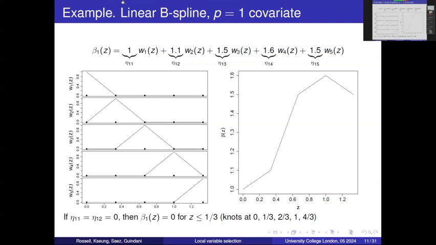Now, the beauty of using linear B-splines is that it makes the local variable selection exercise a bit simpler. See, if I want to test whether beta is zero in this particular interval, from 0 to 1/3, well, there are only 2 of these W's that are non-zero in this interval. The other three are exactly zero. So if eta 1 and eta 2 are equal to 0, then the sum of these two terms is 0, and therefore beta is also equal to 0.